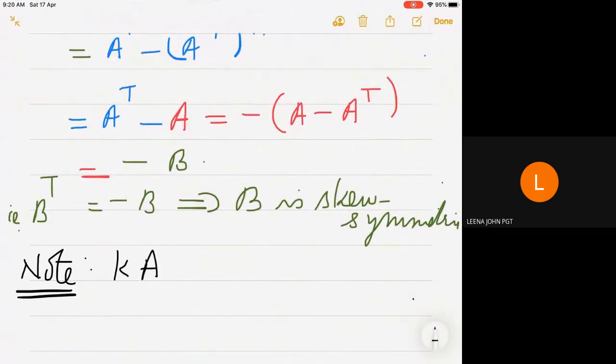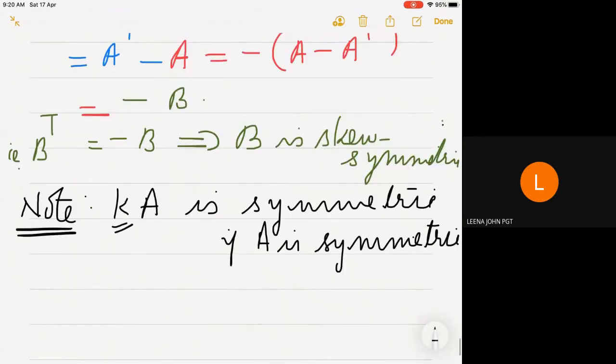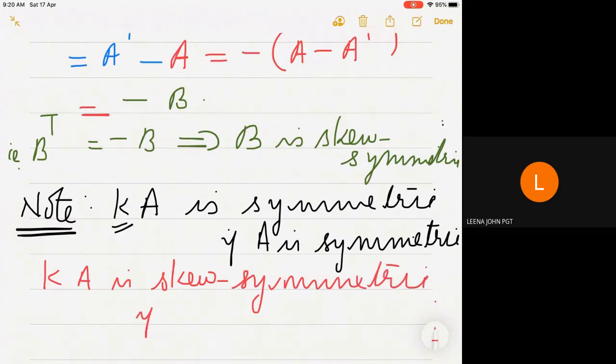K into A, the scalar multiplication of A with a real number K, is symmetric if A is symmetric. And also we can write K into A is skew symmetric if A is skew symmetric.